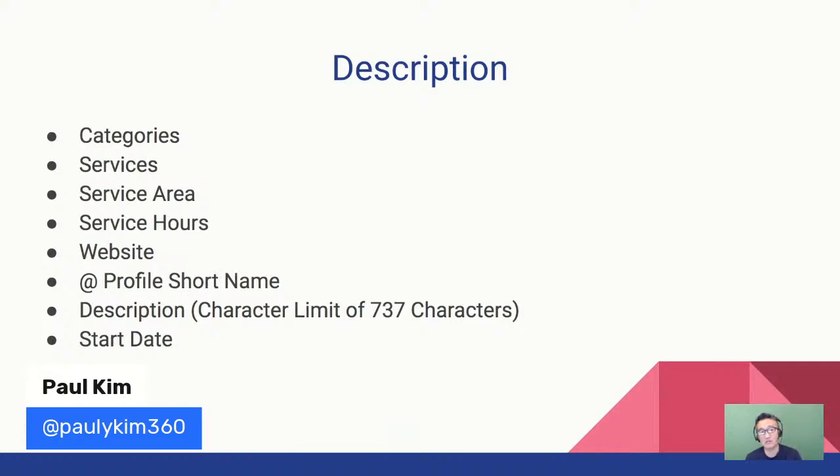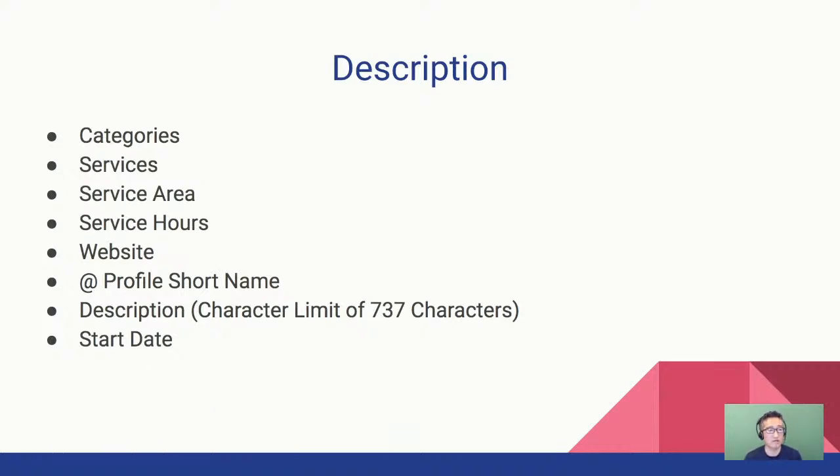And the reason I use that is because Paul Y Kim is already taken on one of the social media platforms, and so I wanted to stay the same across the board, and so I decided to do Paul Y Kim 360. If you go on any social media platform, LinkedIn, Instagram, Facebook, anywhere, you can type in Paul Y Kim 360 and you will be able to find me. All right. So let me take that off.